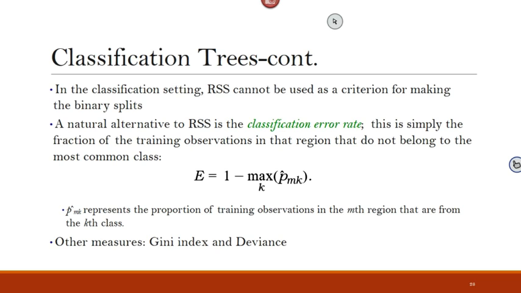Okay, so in this case, E, the classification error rate, is going to be 1 minus the maximum. So going back to the example that I have, in this region, what is E? If you have observations in this region, 80% in class A, 20% in class B. The majority is class A, and that's your prediction, right?